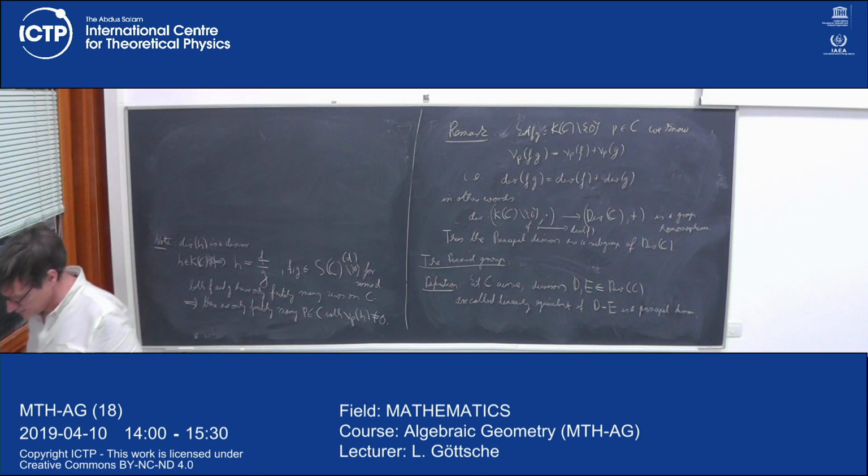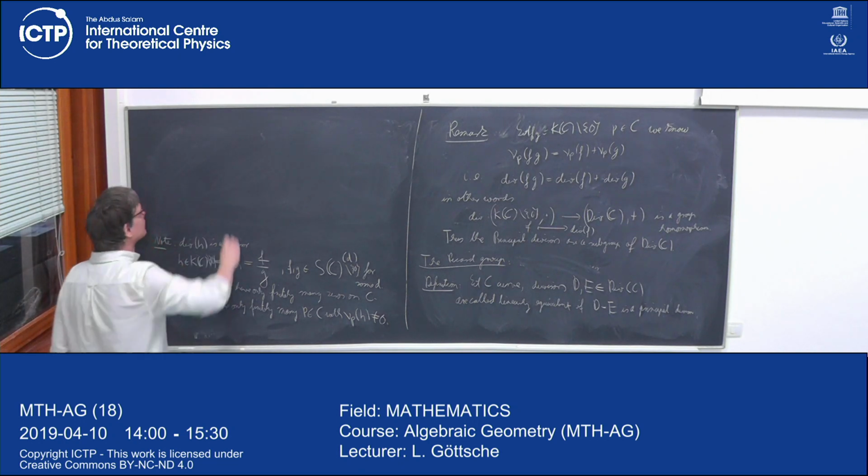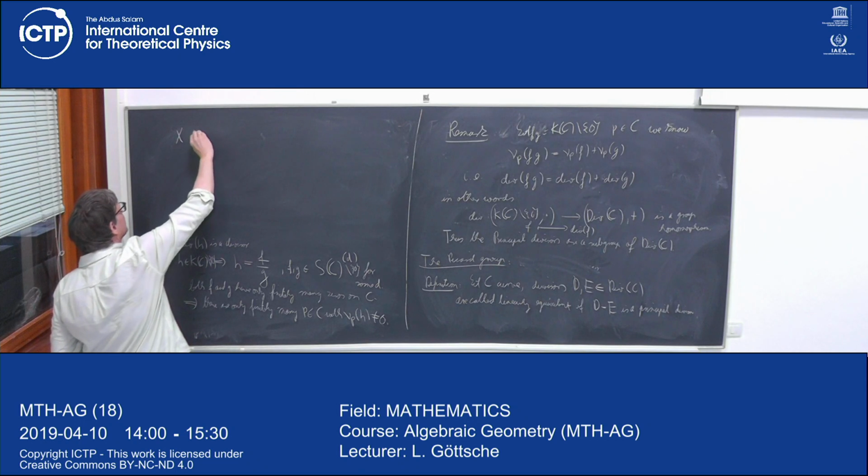It's something that generalizes in some way the notion of functions on some space, say continuous functions, differentiable functions, regular functions, or more complicated things. But this has nothing to do with what we do here. So X is a topological space.